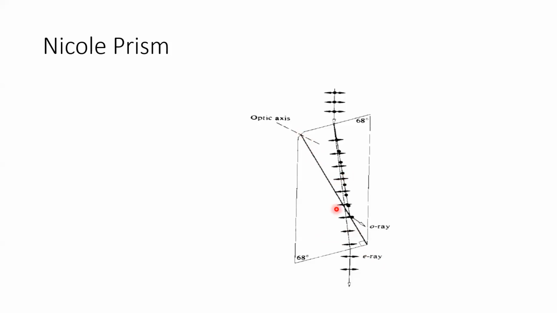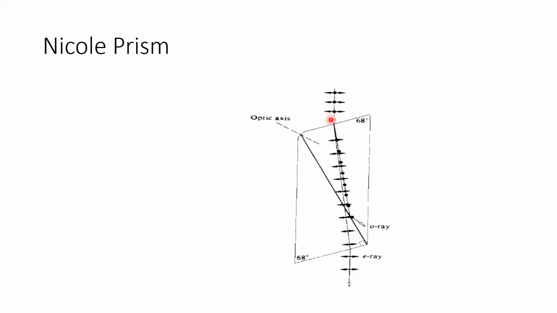And the importance of that material is that its refractive index lies almost between NO and NE. Remember, for calcite crystal, it's negative, so NE is less than NO. There's a gap between the two, and Canada balsam lies practically between the two. Okay. Now, what happens here? Remember, this is non-normal incidence, so of course the two rays get deflected.